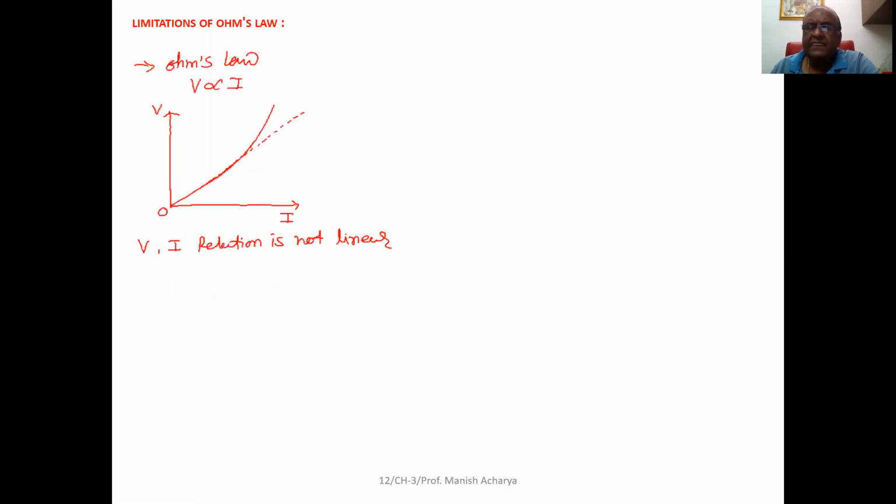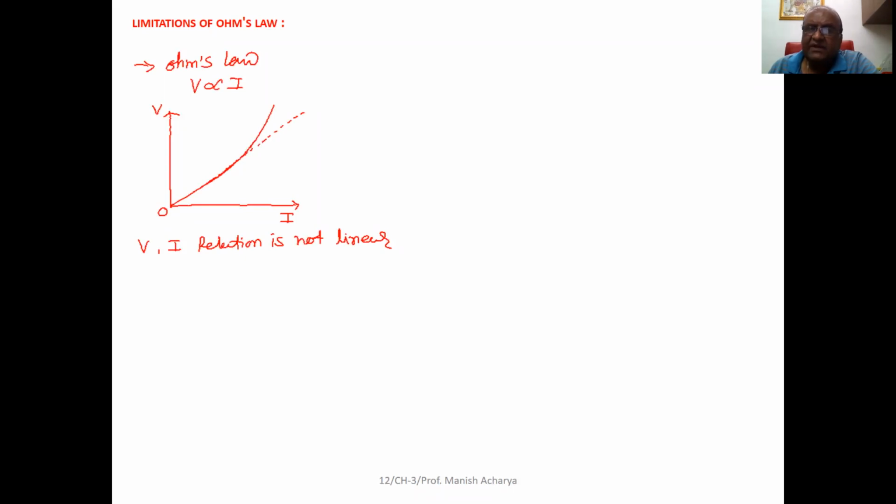Now, limitations of Ohm's law. See, we already discussed this when we discussed Ohm's law. We mentioned that Ohm's law is not a universal law.